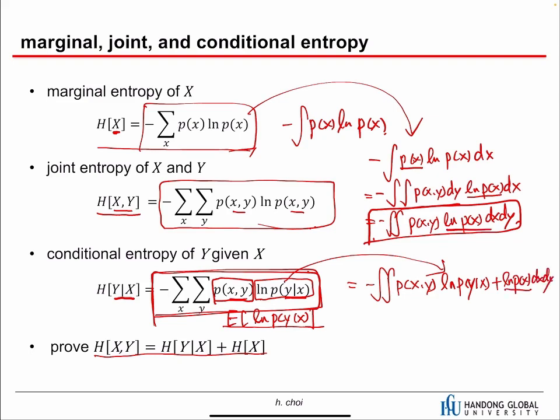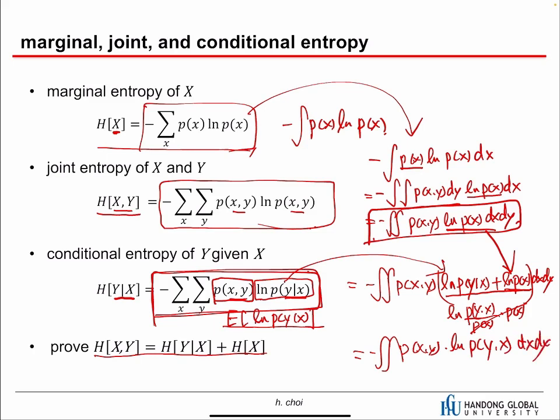This log P of X is coming from here. Then let's rewrite this term: log of the joint probability P of Y, X over P of X times P of X, which is P of X, Y times log P of Y given X dx dy, which is the same as this one. So we just proved it.